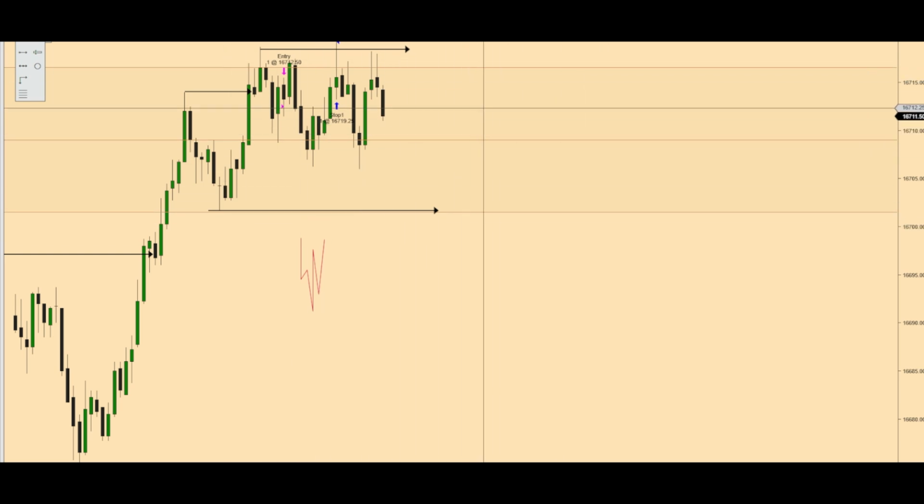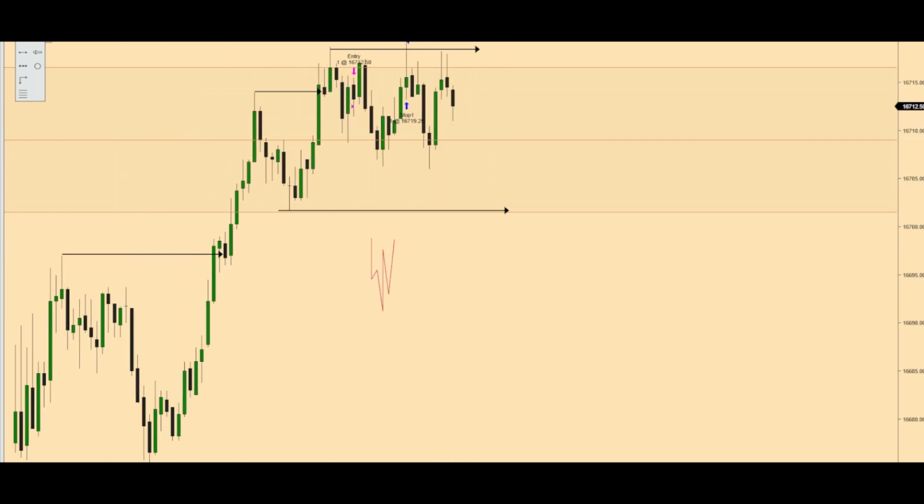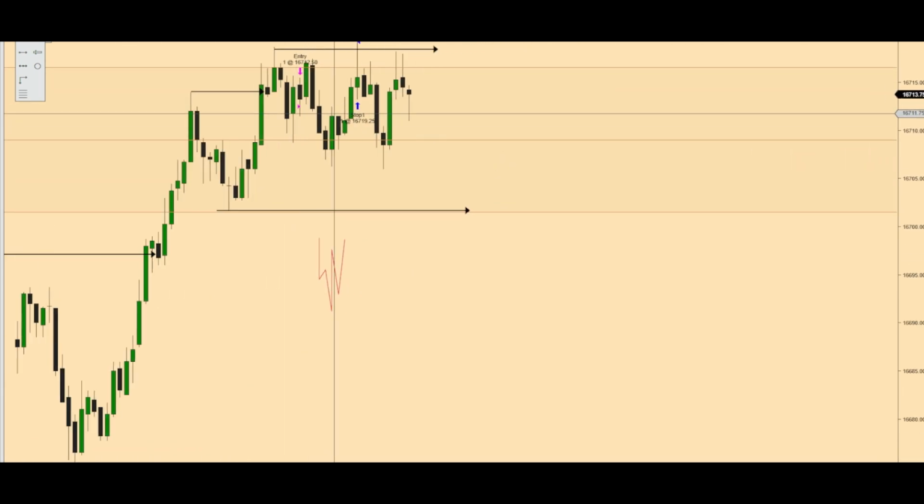That's also another thing about focusing on past price action to the left. It makes you anticipate things, and you see things that might not really be there. Well, we got this. Potentially take the high.